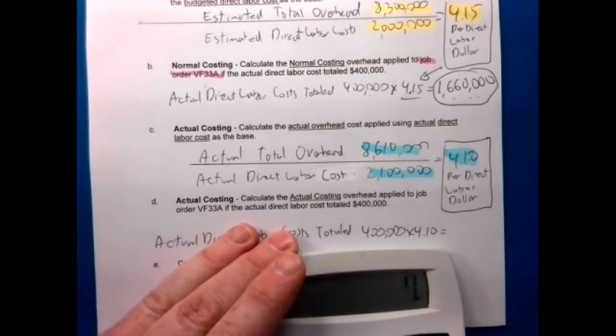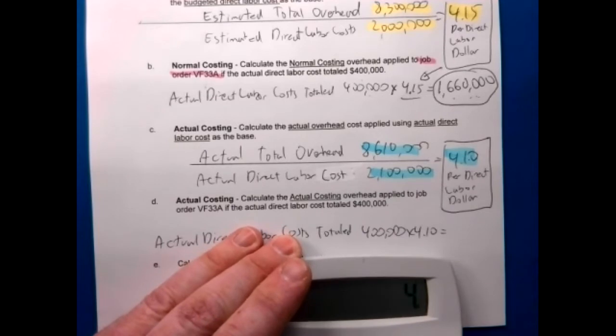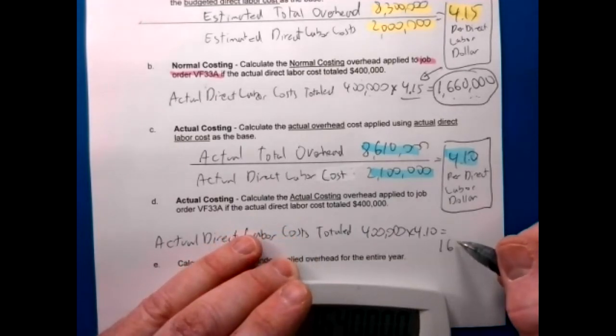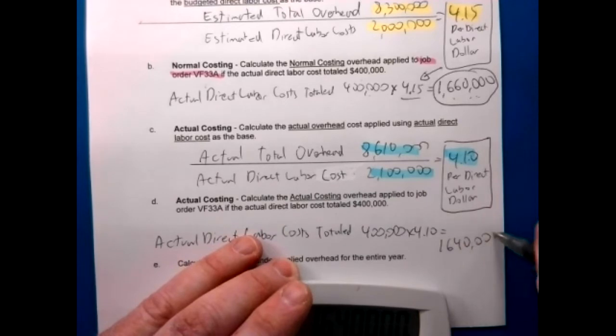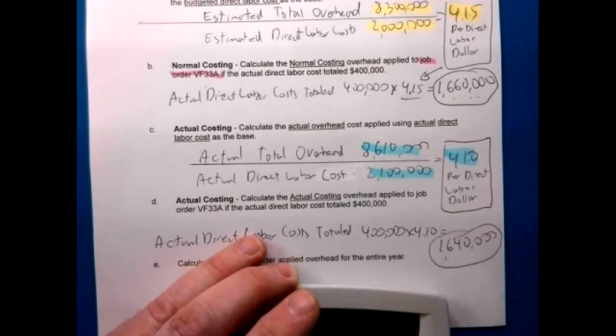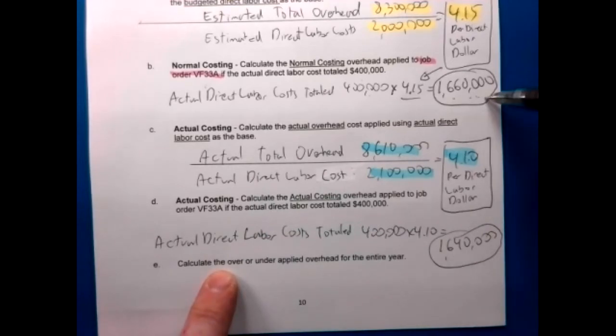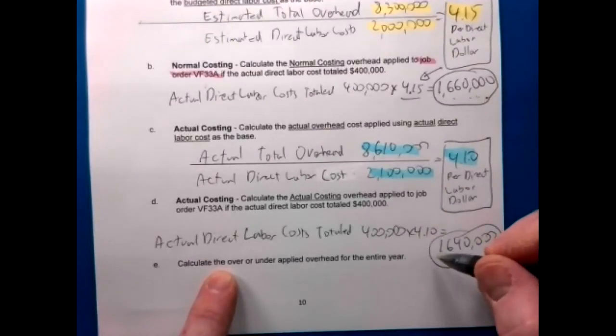Okay, so 400.23 times 4.1. So this is what they actually applied based on the estimate. This is what they should have applied.